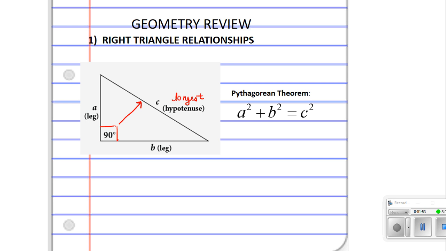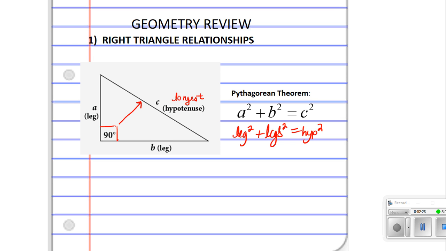The Pythagorean theorem is a squared plus b squared equals c squared, where a squared and b squared are your legs, and that equals your hypotenuse squared. You can solve for any of these values. If you have two sides, you can find the third side by solving for your x, your a, your b, your c, whatever letter you're using to represent the Pythagorean theorem.